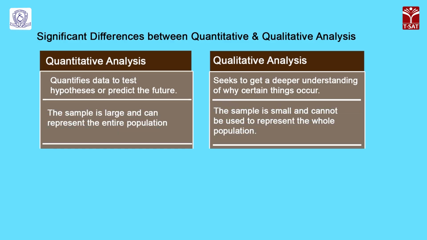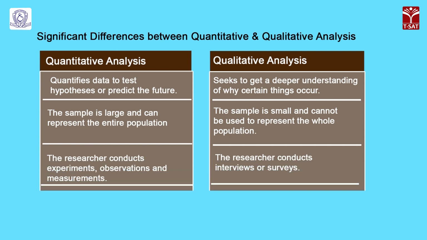In quantitative analysis, the sample is large and can represent the entire population, while the sample is small in qualitative analysis and cannot be used to represent the whole population.